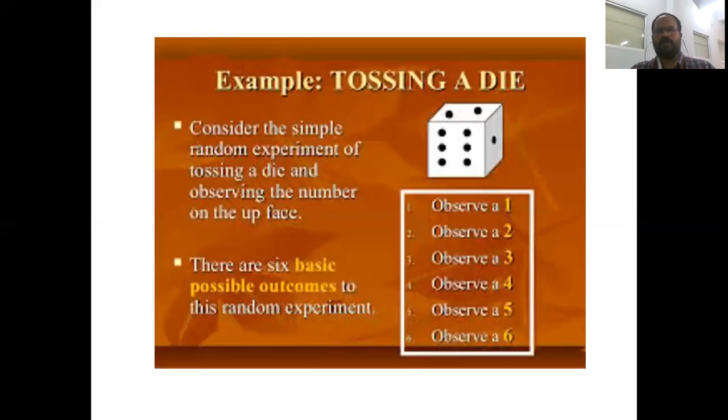Now, another example: the random experiment of tossing a die. A die has six faces, with 1 dot, 2 dots, 3 dots, 4 dots, up to 6 dots. If the possibilities of getting each outcome are equal, then the events are equally likely.